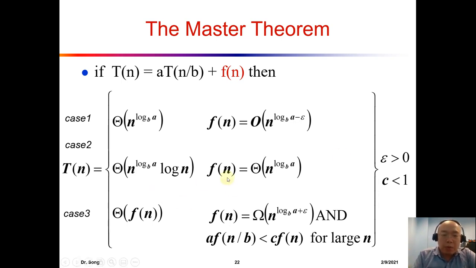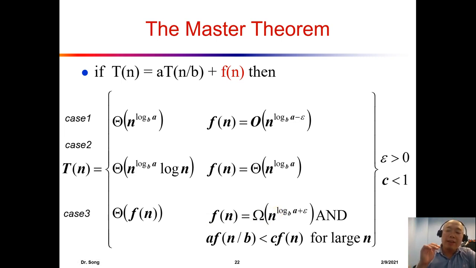And number 2, if you can prove that f(n) is exactly theta of n to the log_b a, then this will be case 2. And for case 3, it is a little bit more complicated. There are two parts to case 3. Number 1, you have to prove that f(n) is omega of n to the log_b a plus a small positive epsilon.